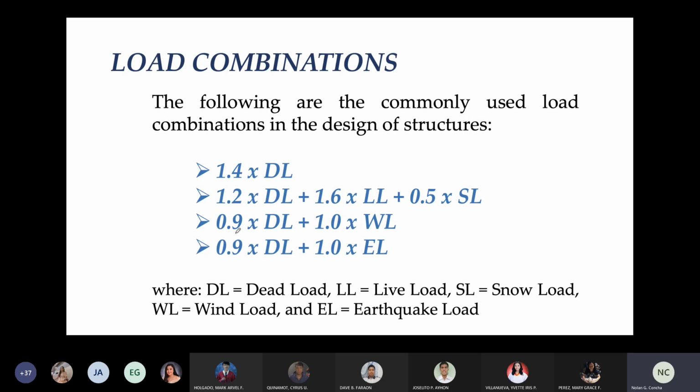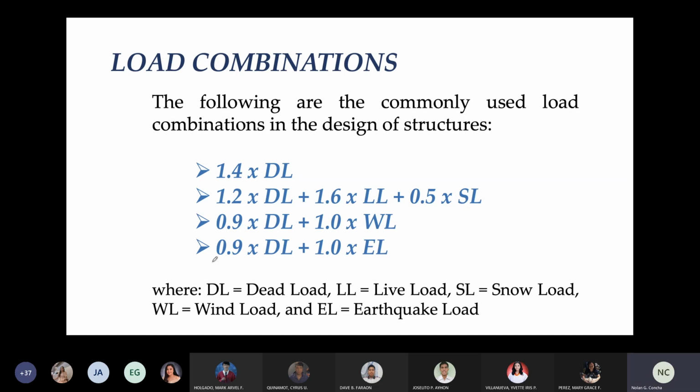Kaya mapapansin niyo sa NSCP, wala tayong may wind na, may earthquake pa, may number 5 pa na typhoon, tapos may dead load, may live load, sabay-sabay lahat yun, tapos nag-i-snow pa, no? Wala tayong ganung combination. Kasi nga, based dun sa history ng data natin, walang ganung nangyari. Kaya walang ganung load combination. So, itong particular load combination na ito, ganito ang mga na-derive na mga load combination factors based on the data.